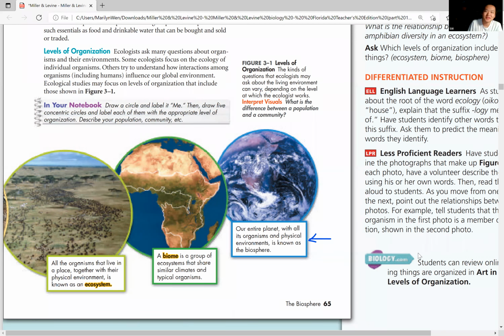Like the sheep eats the grass and the wolf eats the sheep. So, is the grass a part of an ecosystem or is it not? Yeah, the grass is a part of the ecosystem. Right. So, what's important about ecosystem versus communities?